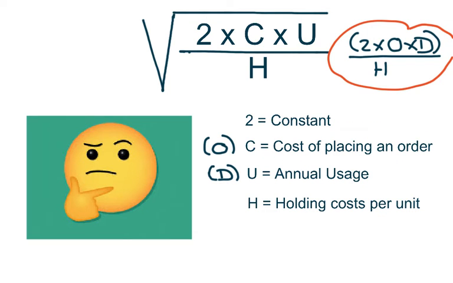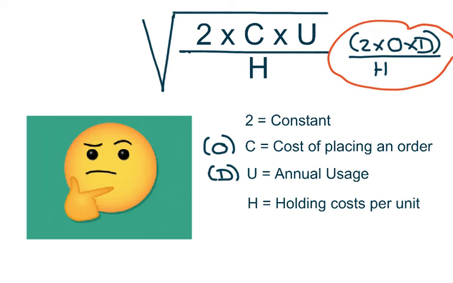Now in some textbooks you will find that they replace the C with an O. So wherever you see the O, it means it's the cost of placing an order. So the O is for order. All right, the C is then for ordering cost. And then the U in my formula is for my annual usage.